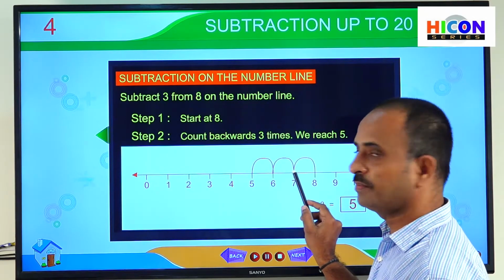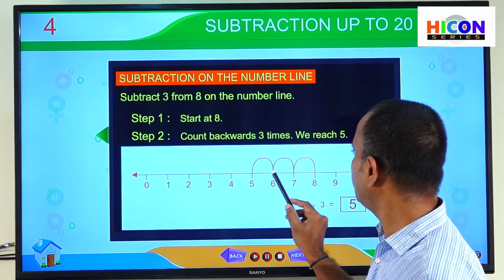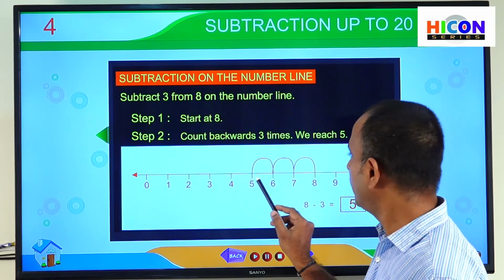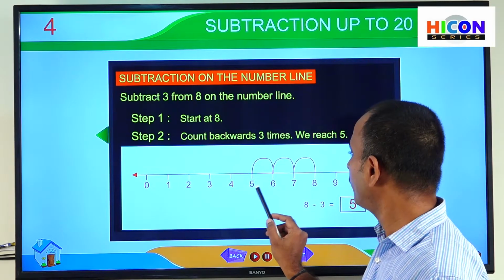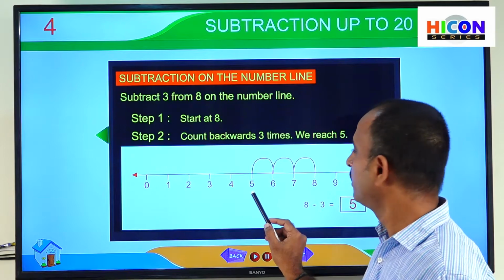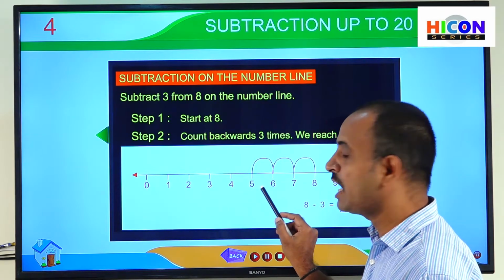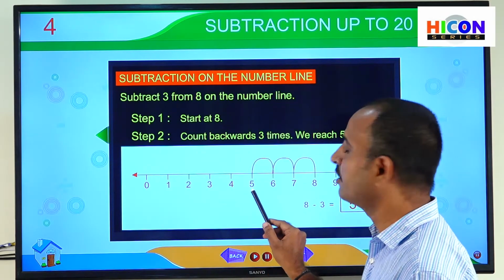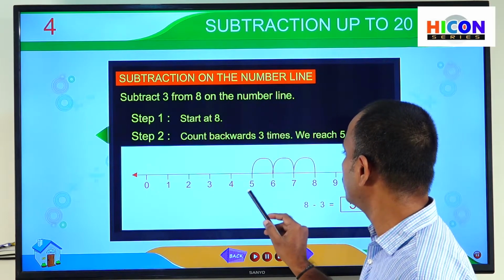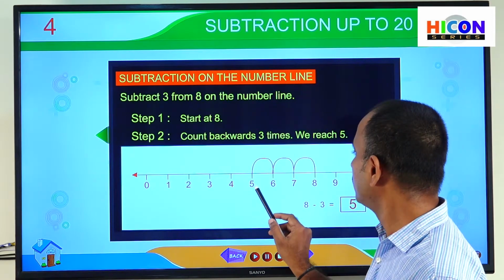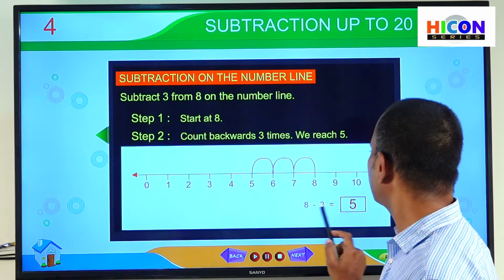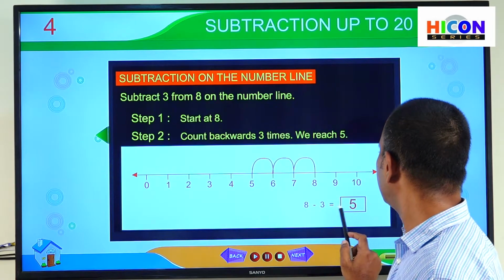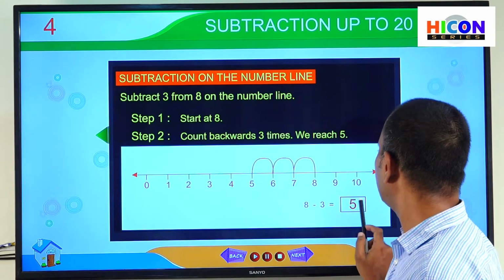This is step 1, second step, third step. Where did we reach on the number line? We reached the number 5. This number where we finally reach is called the difference. So 8 minus 3 is equal to 5, and this 5 is called the difference.